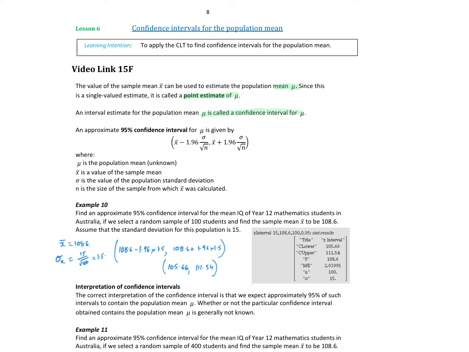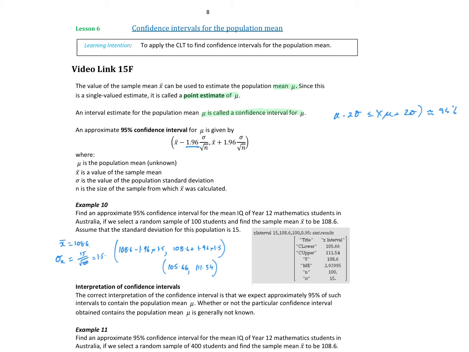So keeping in mind that when we first looked at probability, we spoke about how mu minus 2 sigma, mu plus 2 sigma was approximately 95%. Well, in actual fact, what we can show is with our normal distribution that it's not exactly 2 times the standard deviation, it's 1.96 times.